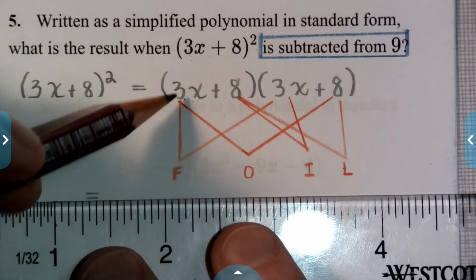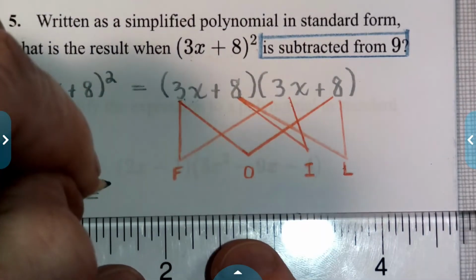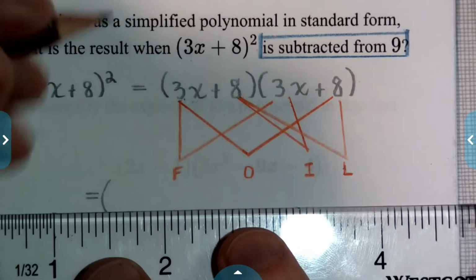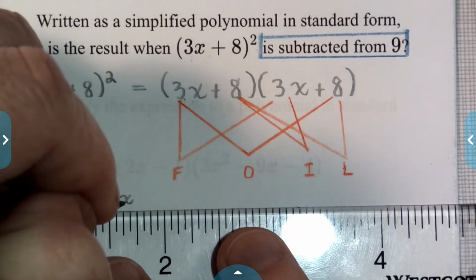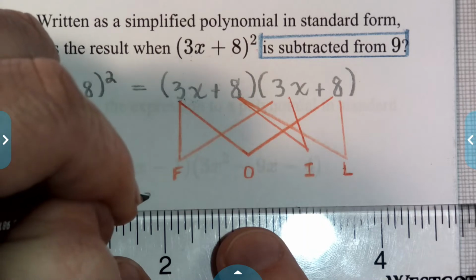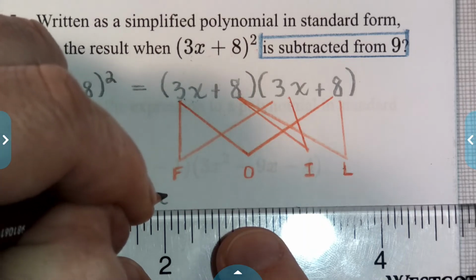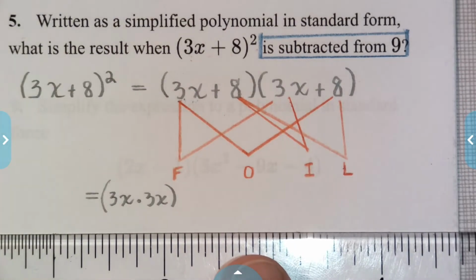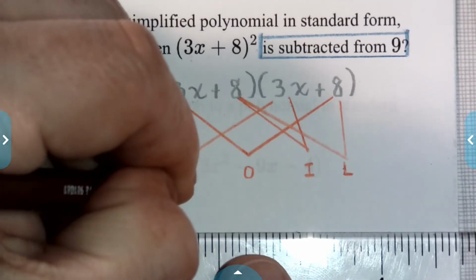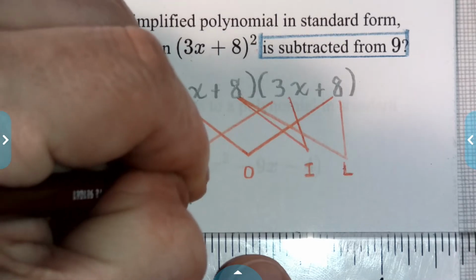So first times first is 3x times 3x. In a huge parentheses, I'm going to put 3x times 3x. That's my F for first. Then I'm going to put a plus sign, and then an open parentheses.